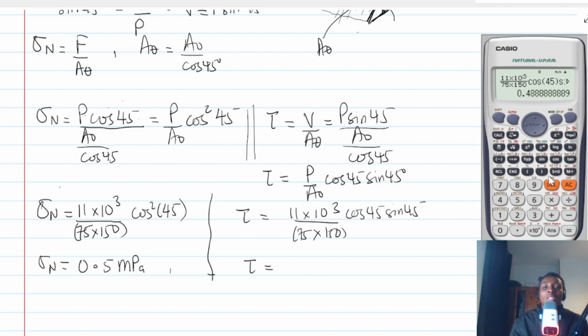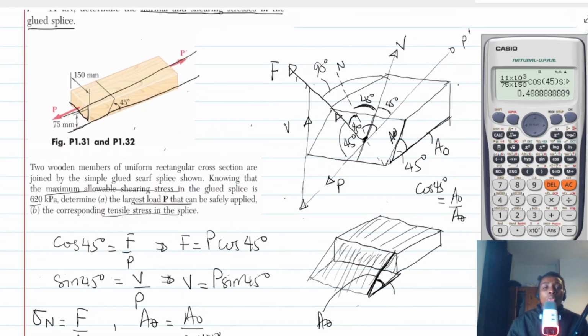Our shear stress is also interestingly the same, 0.5 megapascal. All right, so that is it for the first part.